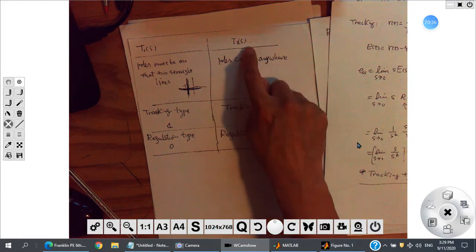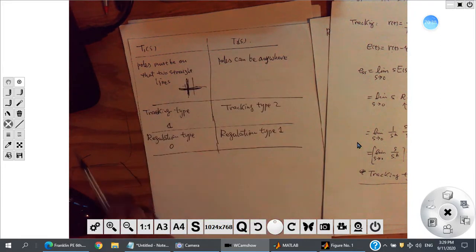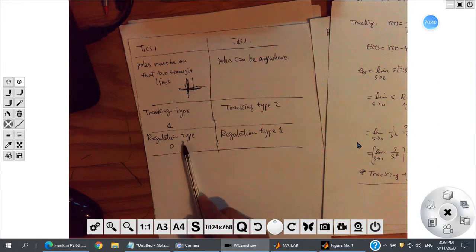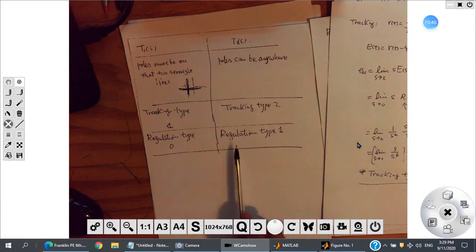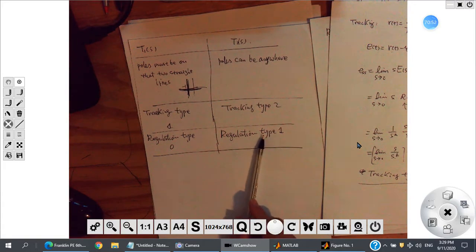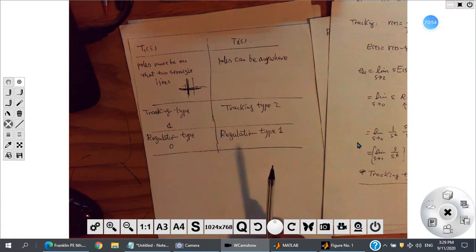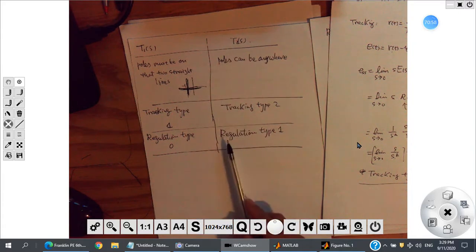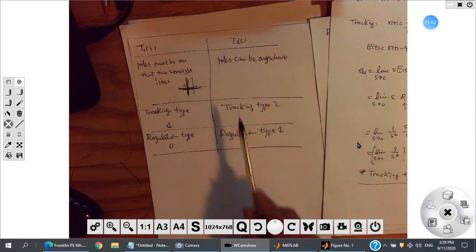T2 is better. And similar for regulation, when you have disturbance noise, for T2, if the noise is a constant, then that means t to the 0 is smaller than this order, so T2 can cancel that noise. The constant noise can be cancelled in T2.